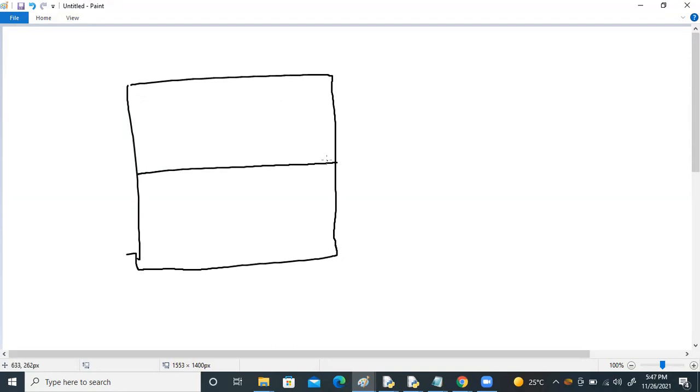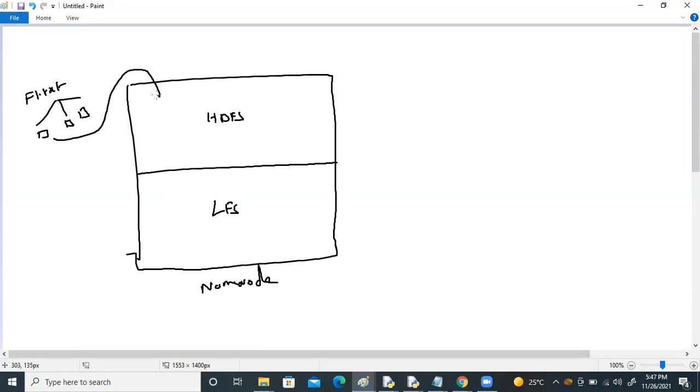Think this is a name node. Every node in the cluster is going to have a local file system and the Hadoop distributed file system. If you take a file f1.txt and divide it into blocks, these blocks are stored.